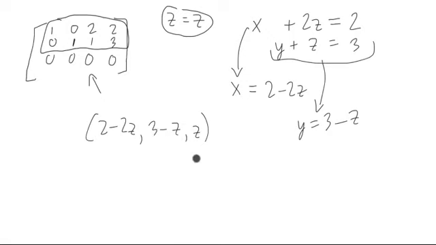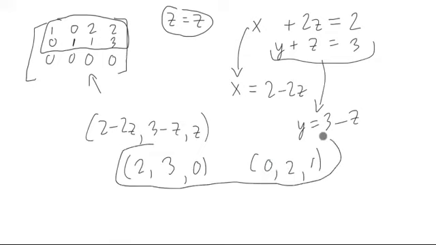For instance, what if z were 0? Then plug that 0 in for z everywhere. You end up getting this. This is a solution. What if z were 1? Let's see what happens. Plug in z as 1, so you get 2 right there. You end up getting 0 right there. Well, you have 2 different solutions to the system of equations.